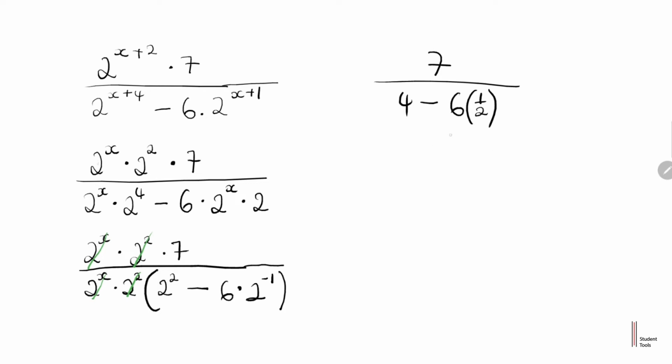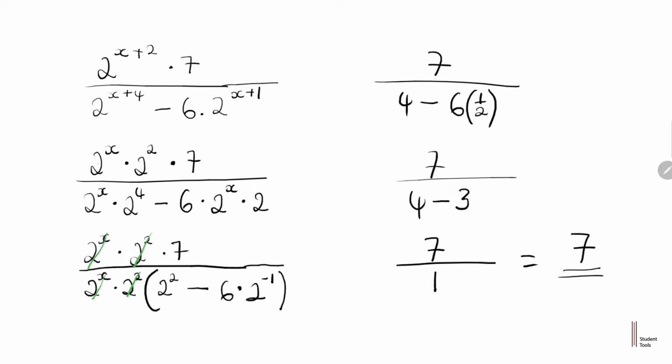Right, now we have 7 over 4 minus 6 multiplied by a half, that's a 3. And 7 over 4 minus 3, that is a 1, which is a 7. And that is just how we simplify whatever was in this question. So our final answer is 7.